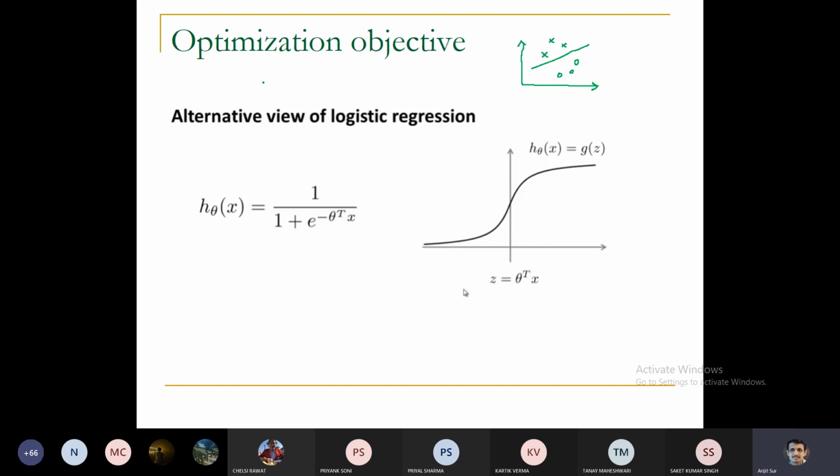In linear regression our function is theta transpose x, but in logistic regression we put a nonlinearity over this, so that the hypothesis function is h theta x equals g of theta transpose x, and this g is generally called the sigmoidal nonlinearity.